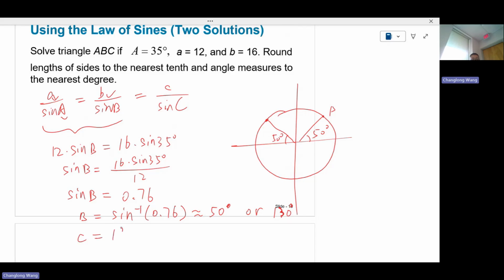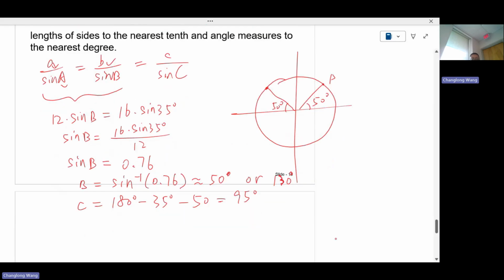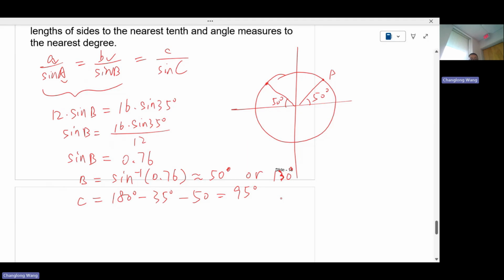So it'll be 180 minus 35, that's angle A for sure. If it were 50 degrees for B, you subtract 50, so you see there's some room. So this is 85, so I'll say 95 degrees, right? That's fine. It's not a nice angle, but it's an angle.